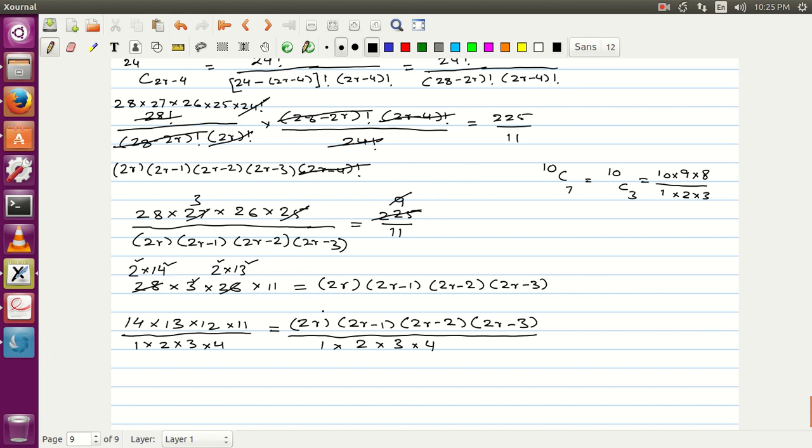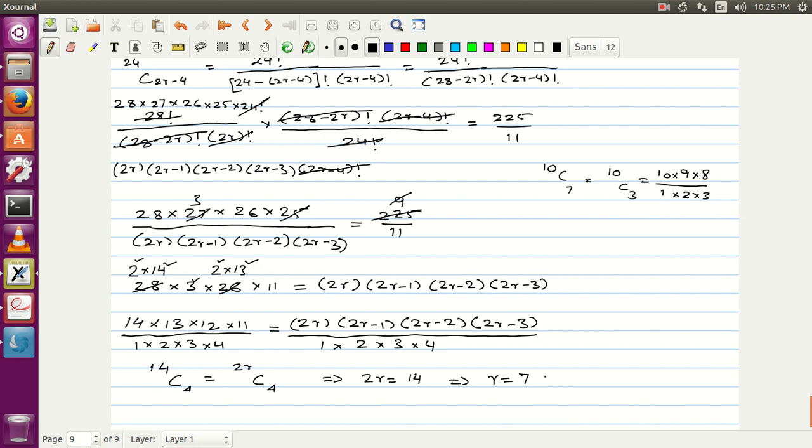And now you can see that 2r must actually be equal to 14, or what I am saying is that this left hand expression is nothing but 14C4. The right hand expression is 2rC4. So this implies that 2r is equal to 14, and therefore r is equal to 7.